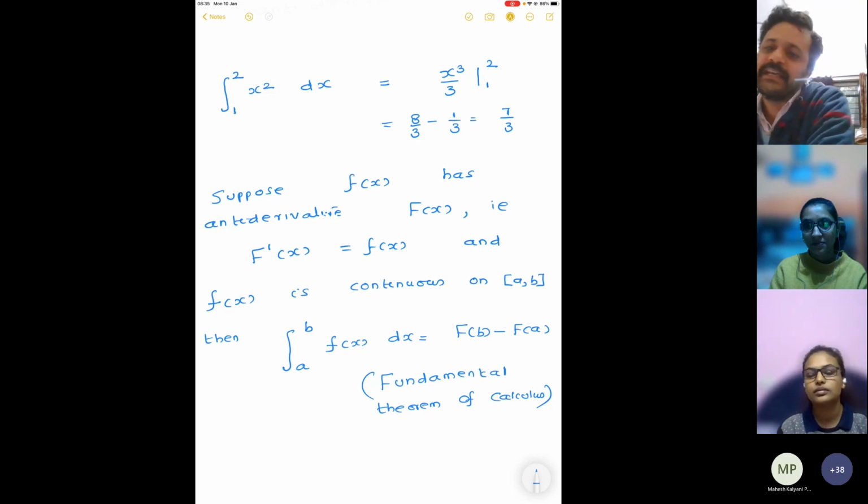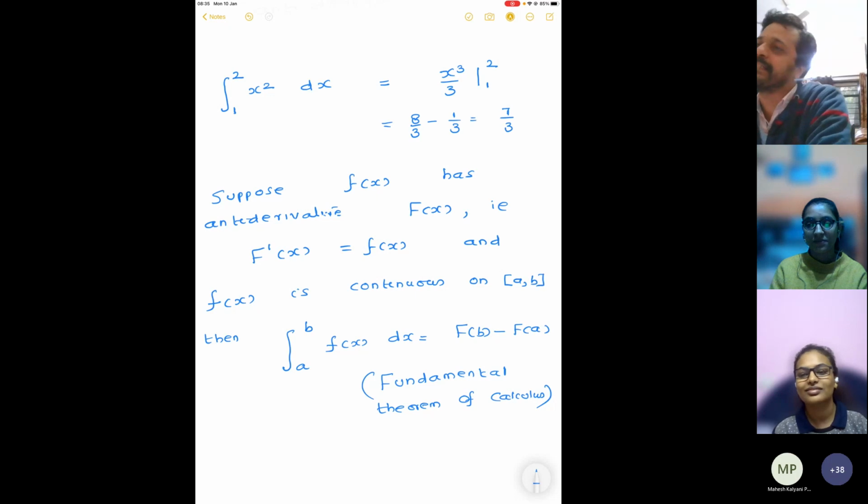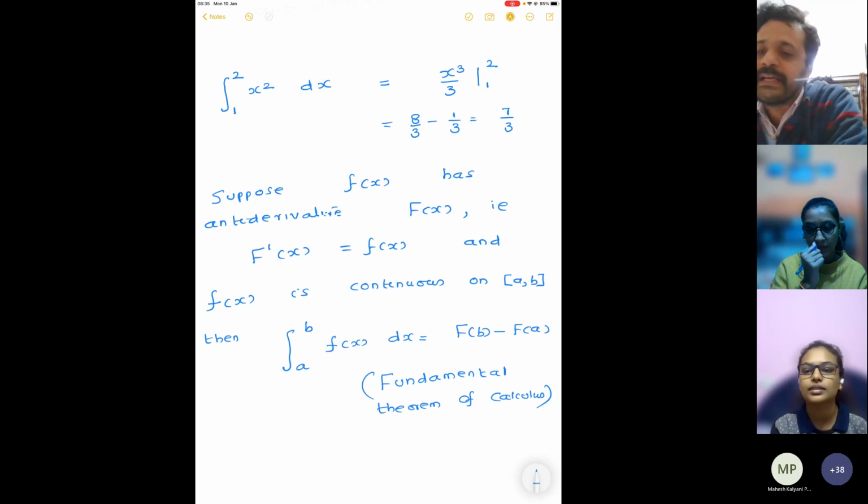It's not like that. It is two different people brought up in two different places, and ultimately one person comes at the end. In the climax, one person arrives and tells that you two people are connected. And that person who identifies the connection is the fundamental theorem of calculus.